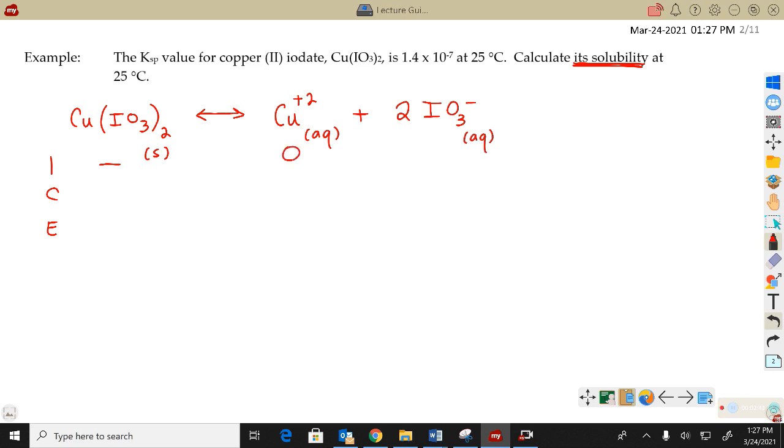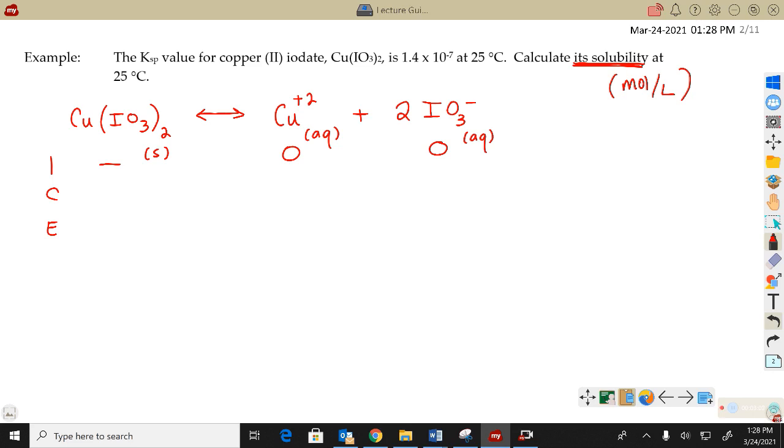Initially, I do not have any product ions, just solid. So I'm going to throw that solid in water, and I want to know by how far forward will it go? How much does it dissociate? That's the solubility. The solubility is usually in units of moles per liter. How much of that solid will dissolve?